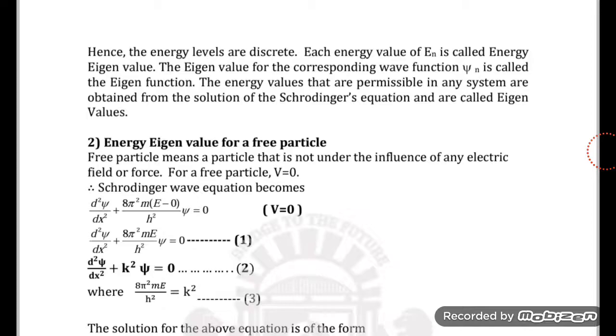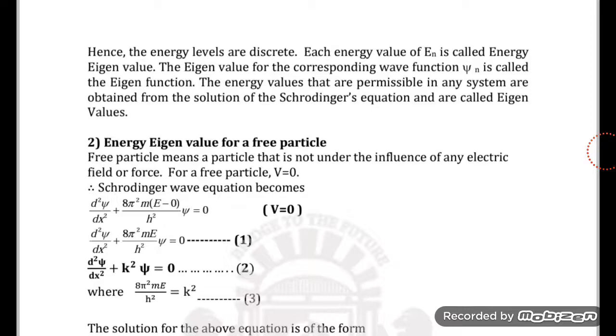Energy eigenvalues for a free particle. Free particle means a particle that is not under the influence of any electric field or force. For a free particle, V equal to 0. The Schrodinger wave equation becomes d squared psi divided by dx square plus 8 pi square m divided by h square E psi equal to 0.